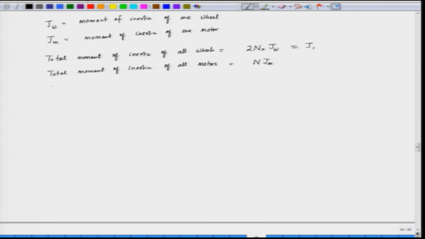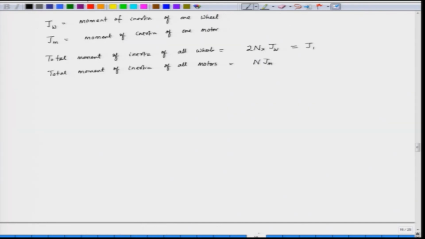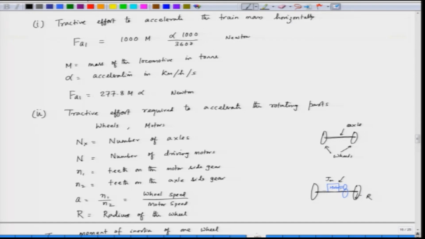So, the moment of inertia of the motors referred to the wheels, because the motors are sitting here, and we have a gear in between the motor and the wheel. If we refer this inertia Jm of the motor to the wheel side, it will be Jm by a square.